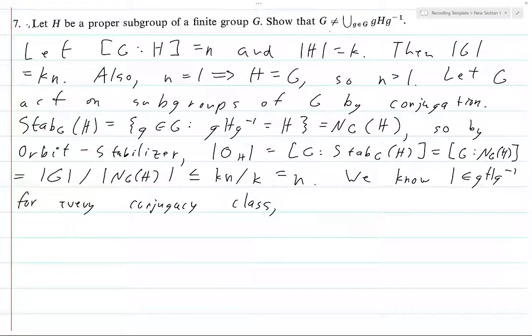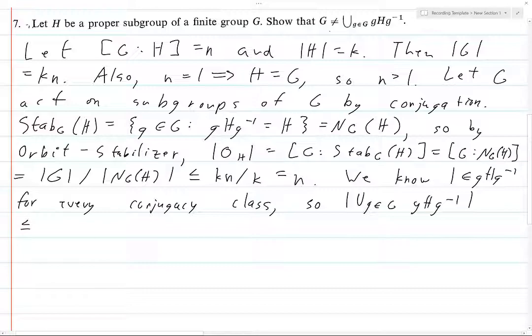So what does this tell us? If we take the union over all elements g in G of gHg inverse, the conjugates of H, this is going to be less than or equal to something. Now we know that one of these conjugates is going to be associated with just the element 1.